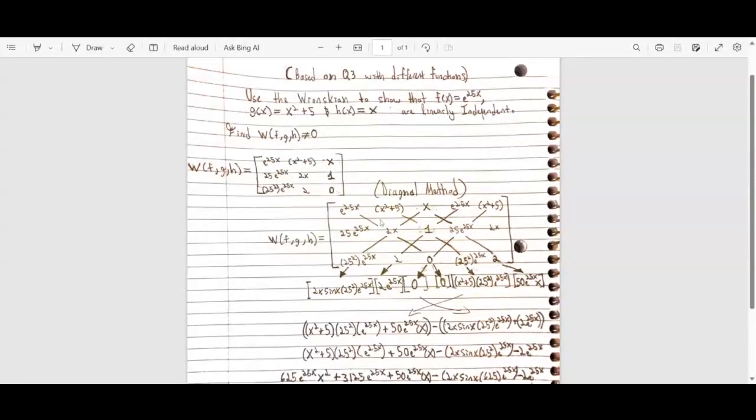And what I did differently compared to my other peers is that I computed the determinant in a different method, which is called the diagonal method. What you can do is add the first two columns of your matrix to the right of the same matrix, and then you could do a cross multiplication in a way. So from this corner on, you go down, multiply here, multiply here, multiply here.